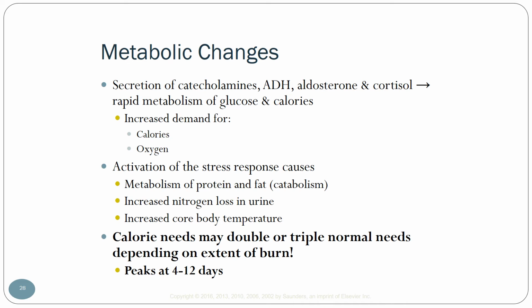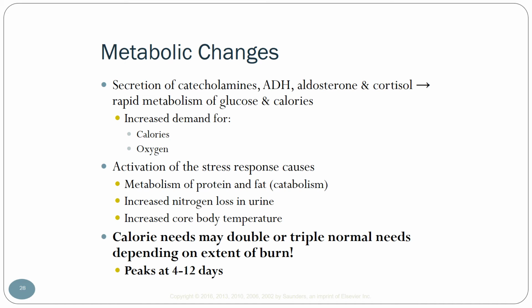There is a rapid metabolism of glucose and calories, and then an immediate need for increased calories and oxygen, and that's sustained through the whole first phase of burn recovery. So we need to immediately be supplying the cells with additional calories, and we're going to try to oxygenate or over oxygenate as much as possible.